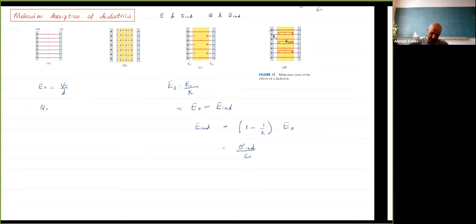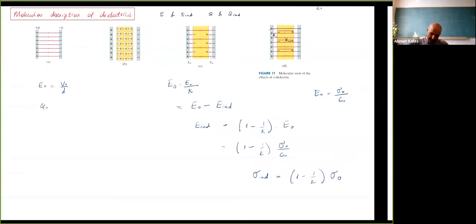Then this induced charge is related to, okay, E naught is sigma 0 divided by epsilon naught. Then this induced thing, okay, let's define it nicely. To make things symmetrical, let's define it like this. This is 1 minus 1 over k times sigma divided by epsilon naught. Then sigma induced is going to be equal to 1 minus 1 over k times sigma 0. Or another way of saying the same thing, the charge induced should be equal to 1 minus 1 over k times the charge. Does that make sense?